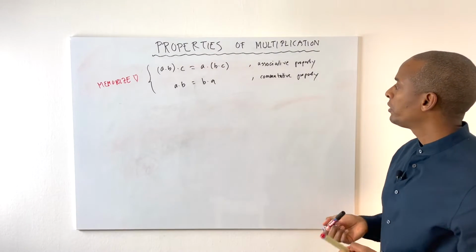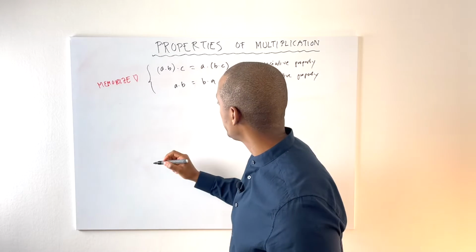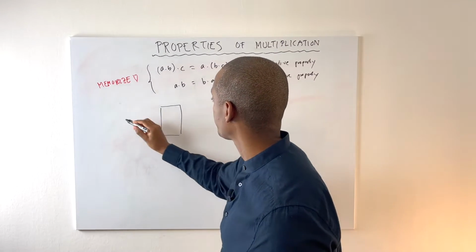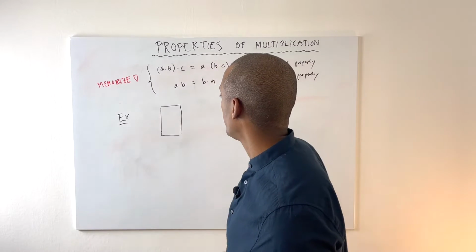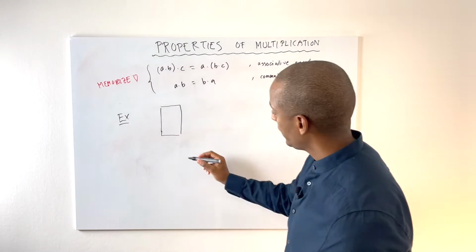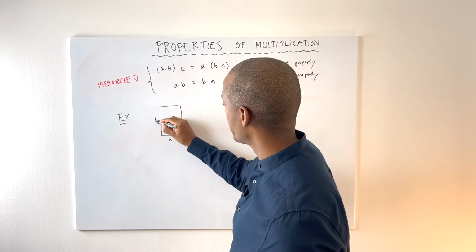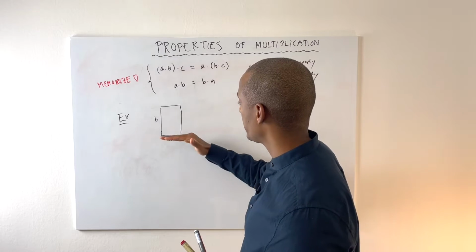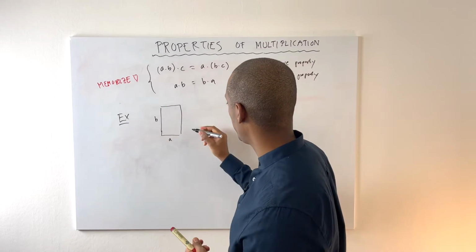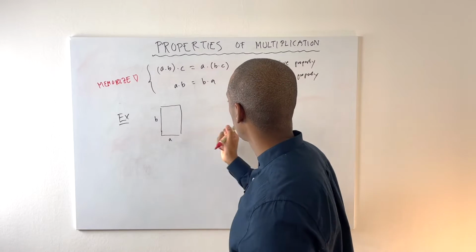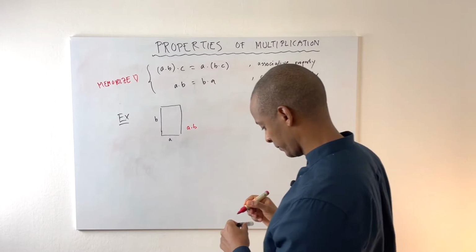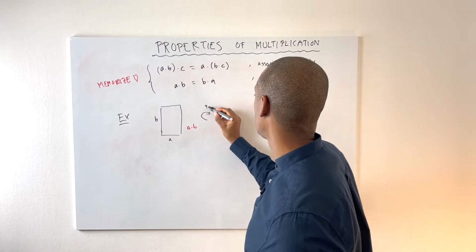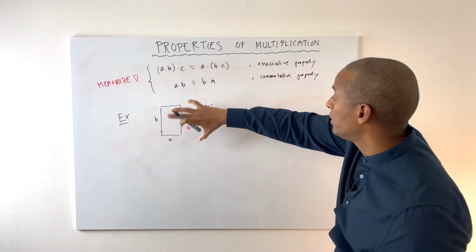And how can you think of it? You can think of it this way. Let's say you have a rectangle here with one side A, the other side B. Then we said that the area of the rectangle is A times B. Now let's rotate this rectangle 90 degrees.